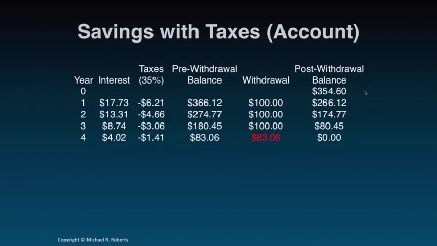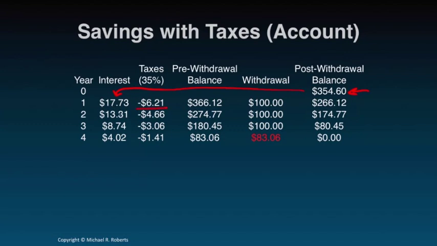See, now we put our $354.60 into the account. That earns interest at 5%. But now we have to pay taxes on that interest income. And I'm going to assume the tax rate we're facing is 35%, which isn't too far off from the top statutory rate currently prevailing. Okay. So that 35% of the 17.73 is $6.21 in taxes.